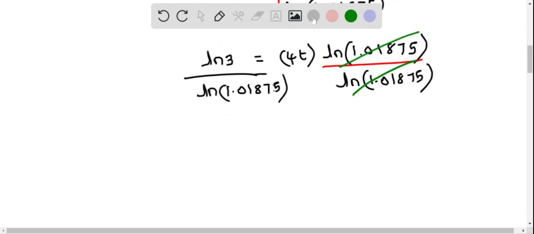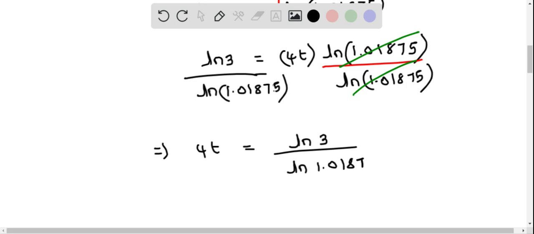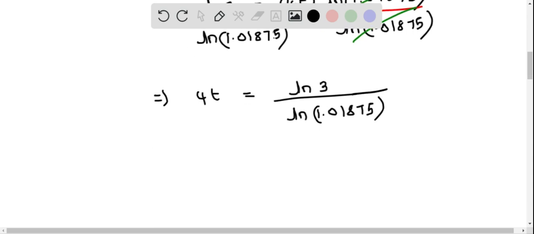I rewrite in terms of 4t, and this equals natural logarithm of 3 over natural logarithm of 1.01875.